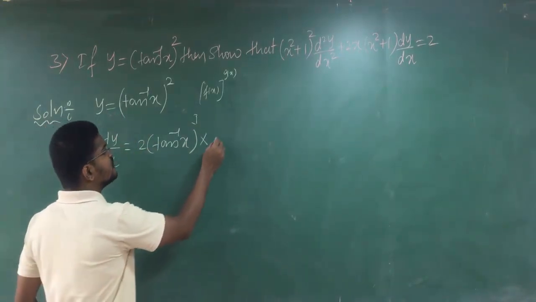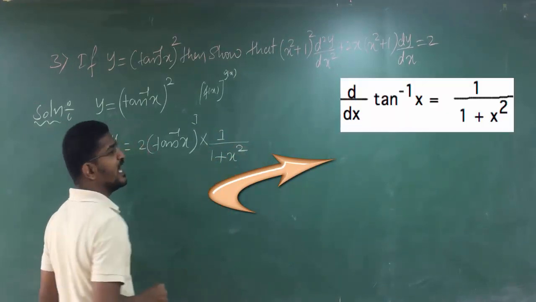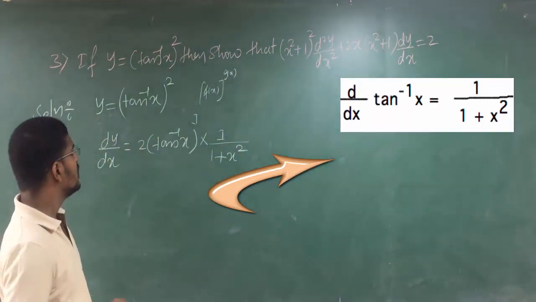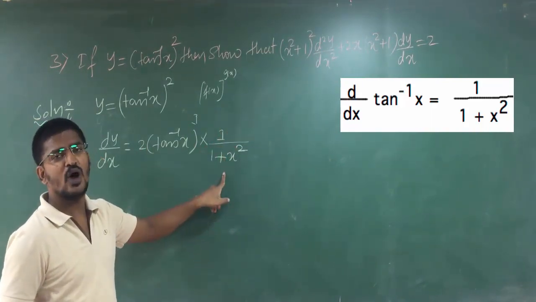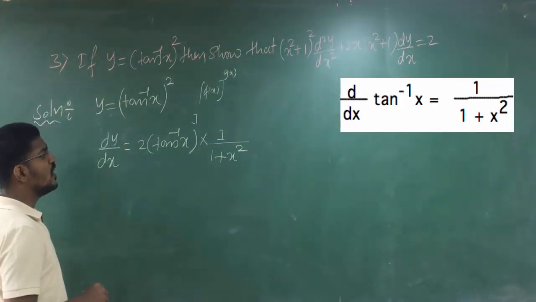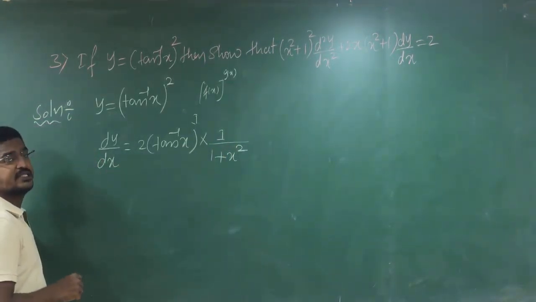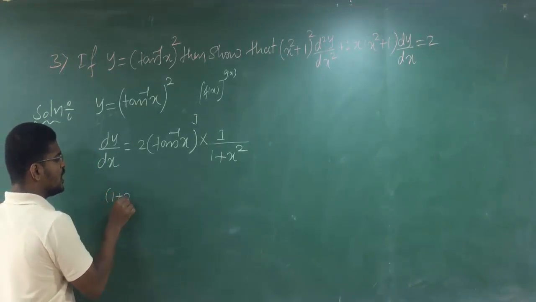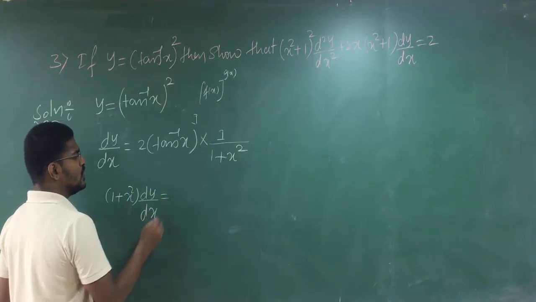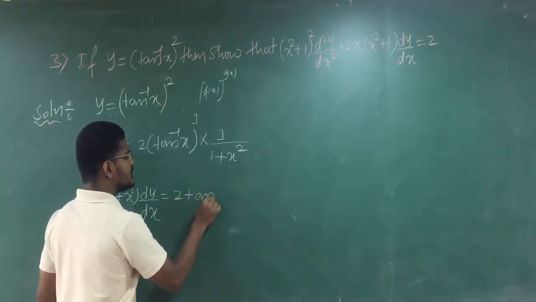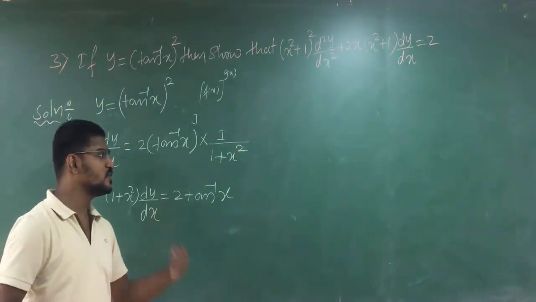What is the differentiation of tan inverse x? 1 divided by 1 plus x square. Clear? So this will be 2 tan inverse x into 1 divided by 1 plus x square. So now what I will do, I will multiply (1 plus x square) to dy by dx. What will it be? (1 plus x square) into dy by dx is equal to 2 times tan inverse x. I think now you got what I have solved here.